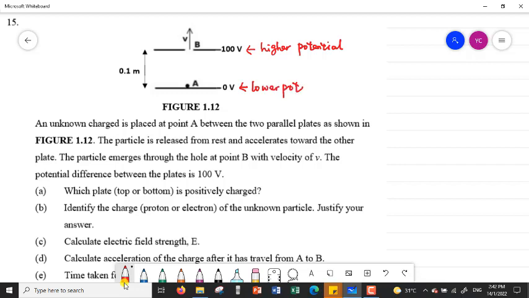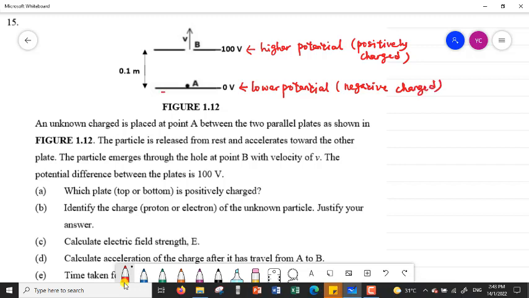Nilai dia lebih kecil kan? So we know that the top plate with higher potential will be positively charged, and the bottom plate with lower potential will be negatively charged.